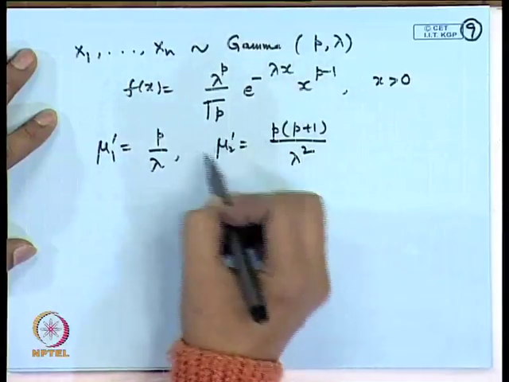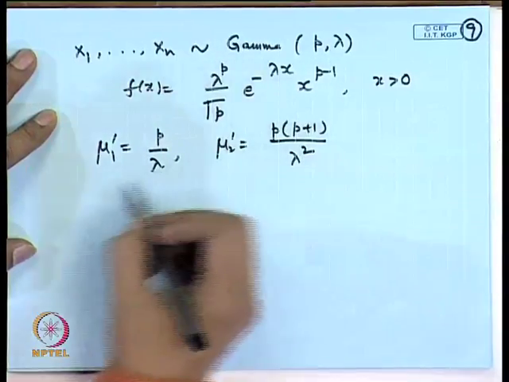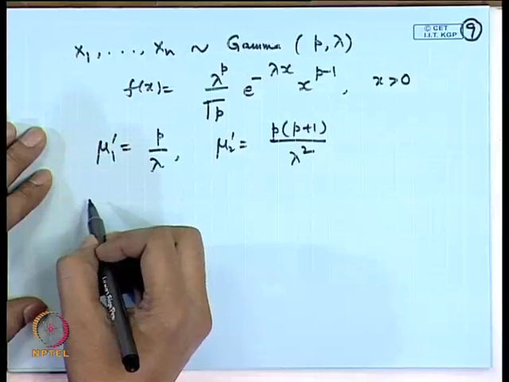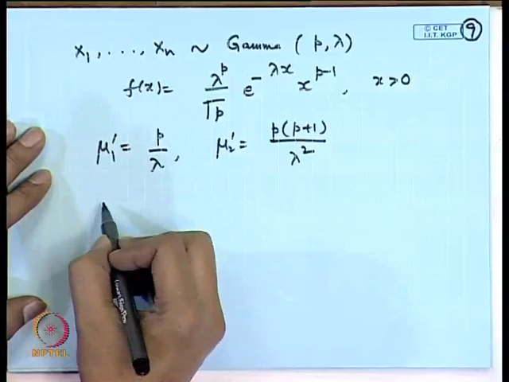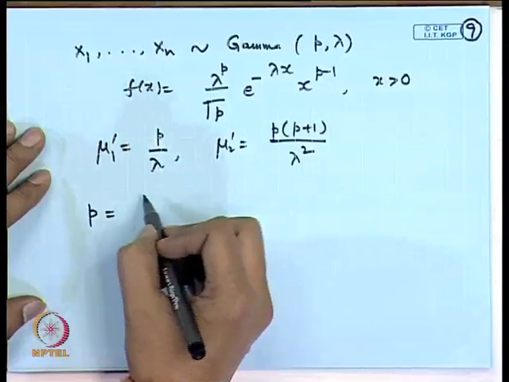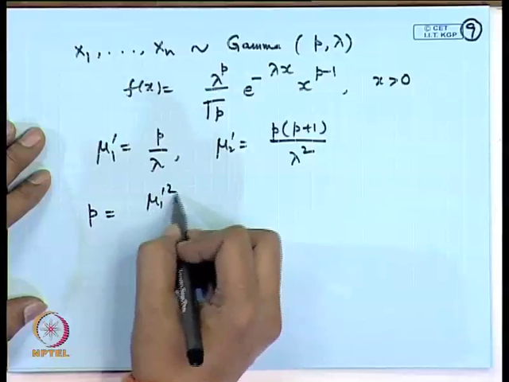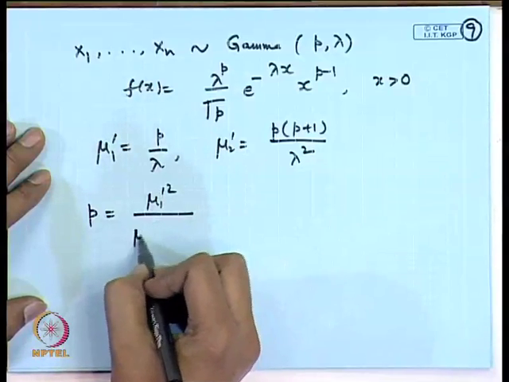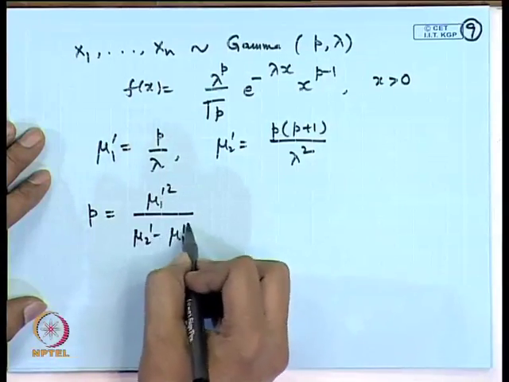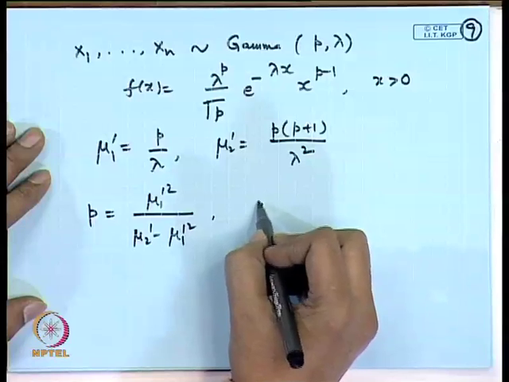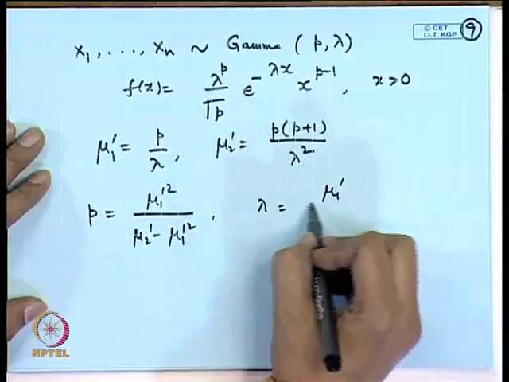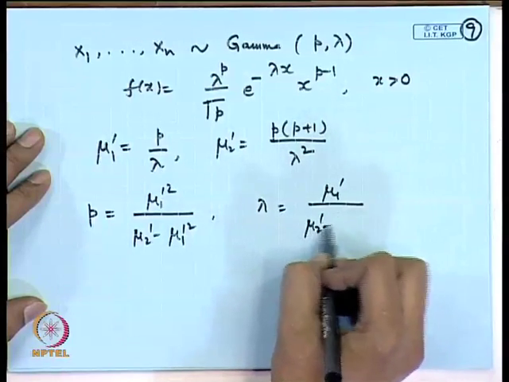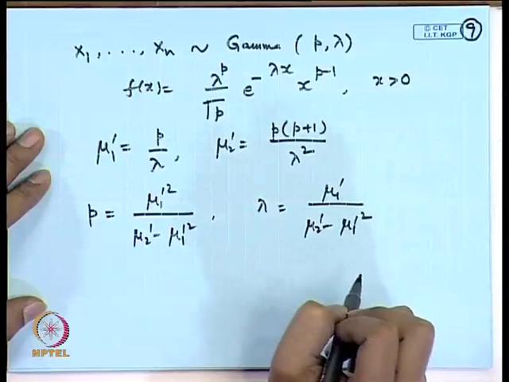So, quite easily we can solve this. The solution is in the form p is equal to mu 1 prime square by mu 2 prime minus mu 1 prime square and lambda is equal to mu 1 prime by mu 2 prime minus mu 1 prime square.